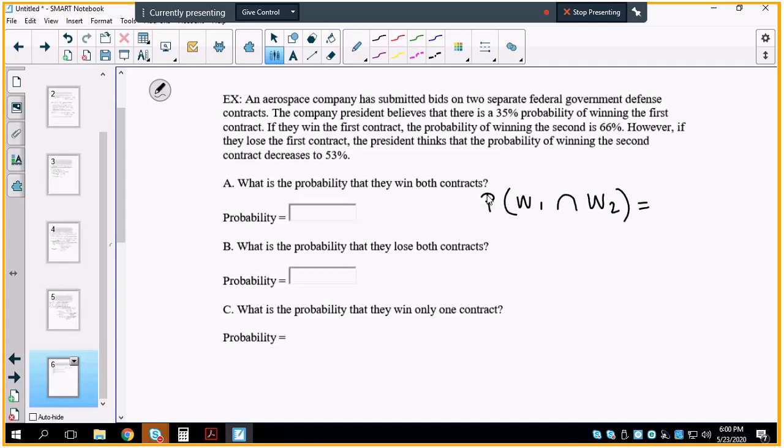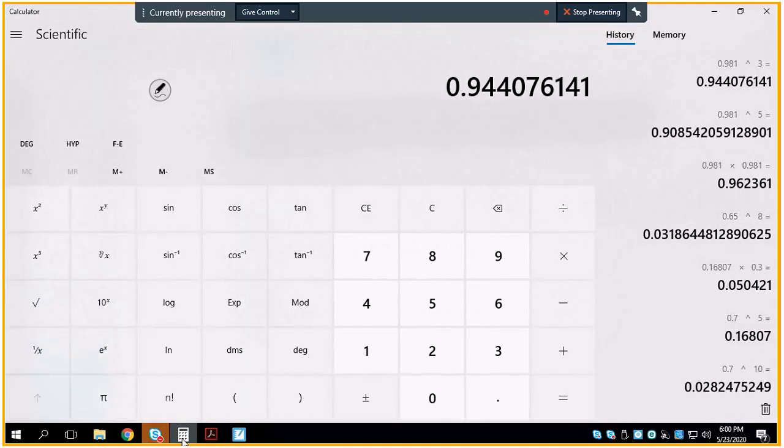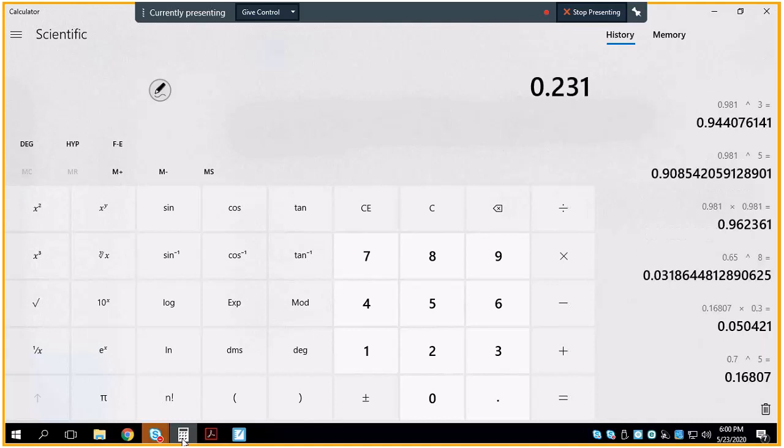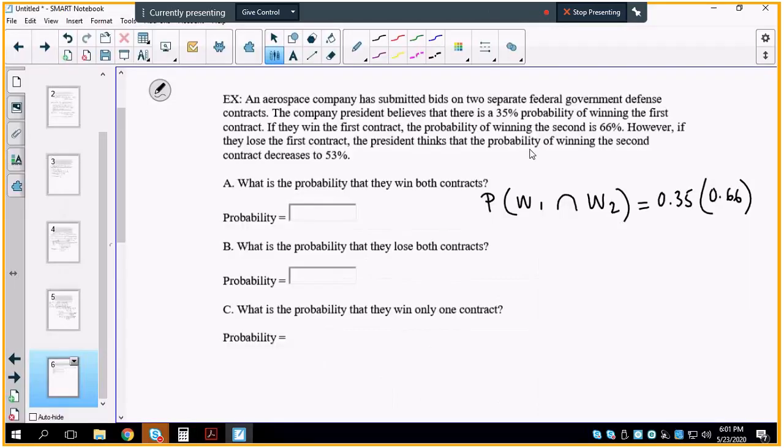The first one is 35%, so it's 0.35. But given winning the first one, winning the second one is 66%, so this is 0.66. And that is going to give me the probability for the first one. So 0.35 times 0.66 is 0.231. That answers your first question.